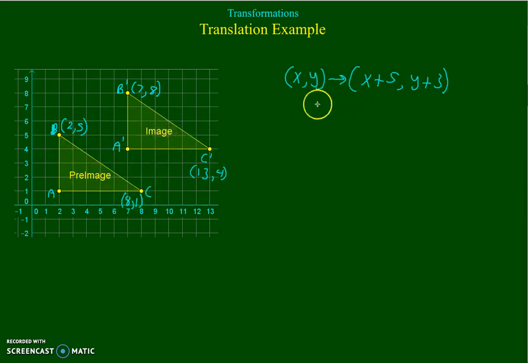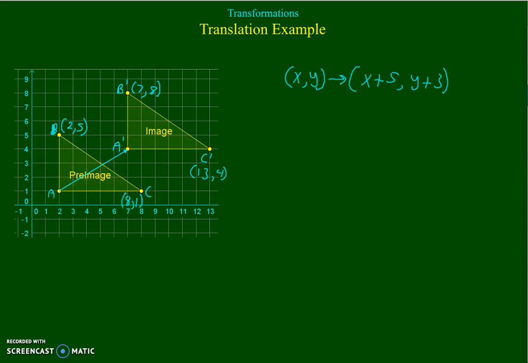Now the same transformation could also be denoted using a vector. To go from A to A prime, it would go something like this, starting here and going up here. So there's our vector, and the vector would go 5, 3.